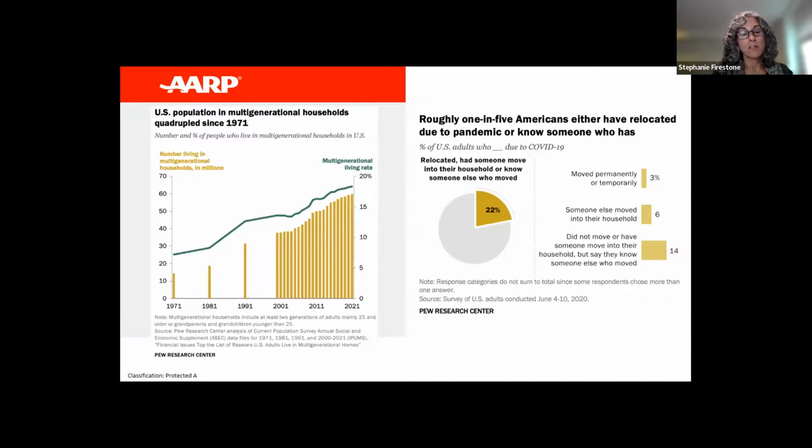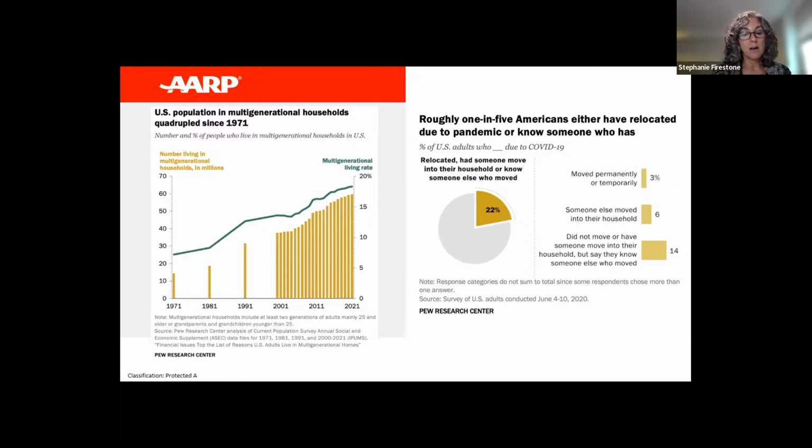So further on the multi-generational household piece that again was mentioned, the most common types that Ron mentioned as well were one adult, two generations that are adult generations. So that's kids moving back in who are 25 years old plus, moving back in with a parent, or an older parent living with their adult children. There are also other models, like what Generations United calls grandfamilies, or grandparents raising a grandchild under the age of 25.